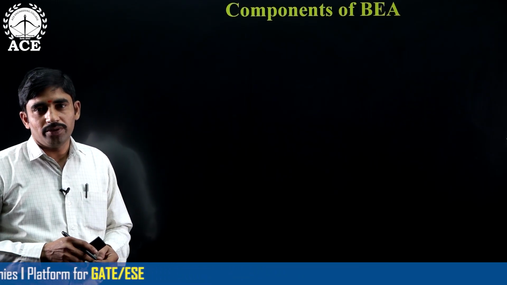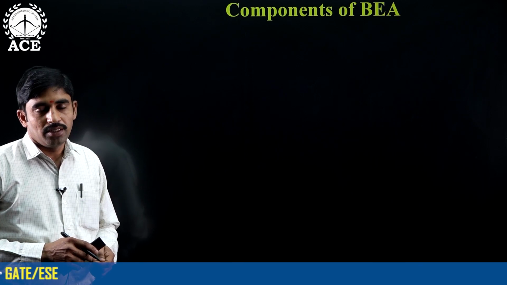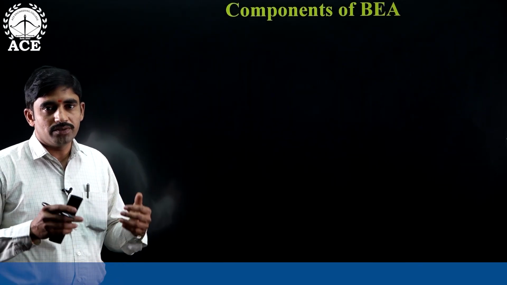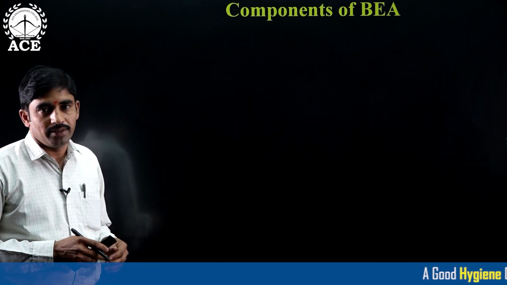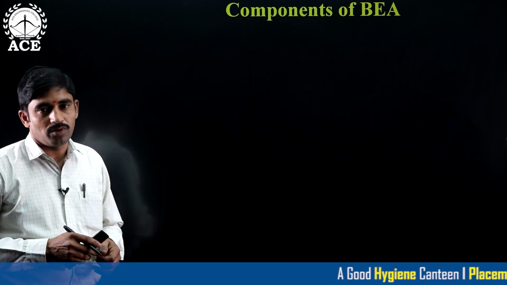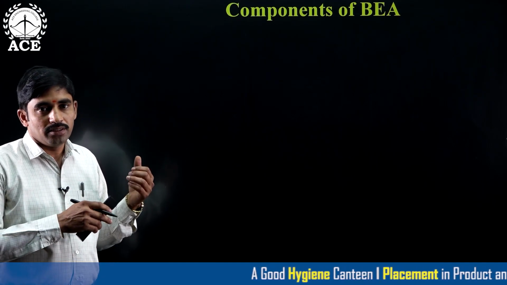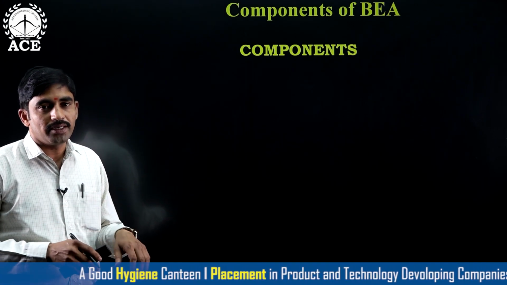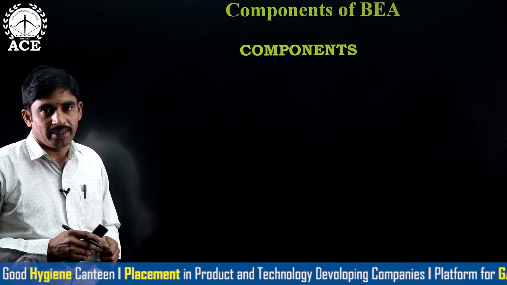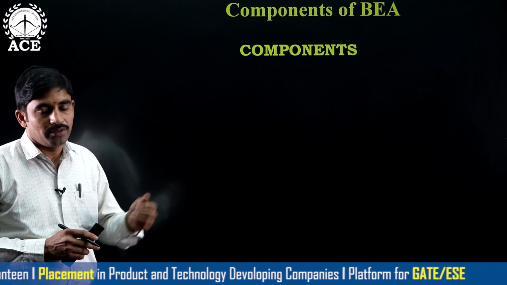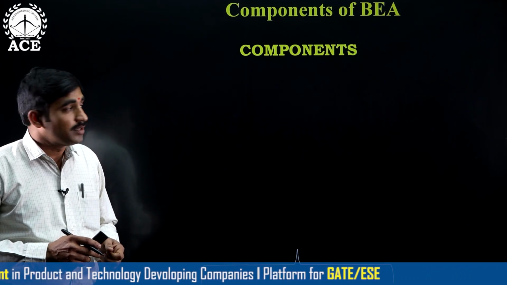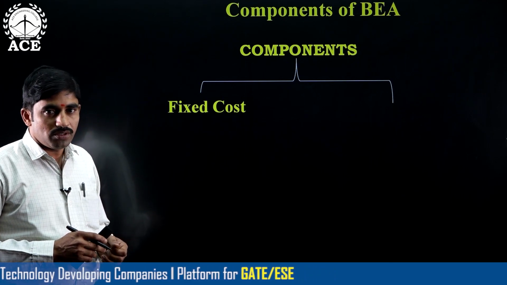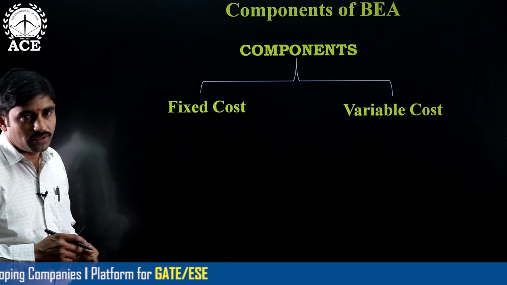And coming to the components of break-even analysis, there are many components which affect the break-even point or the business profitability, whereas there are very important components which we consider at the time of determining the break-even point when using the break-even analysis, such as fixed cost and variable cost.